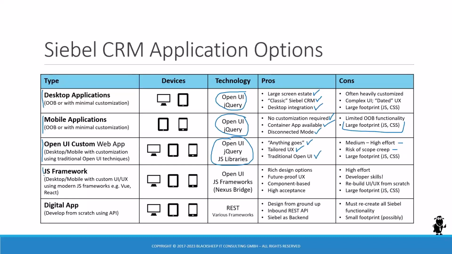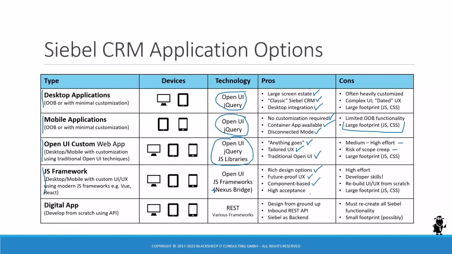And now the final stage you can reach is the JavaScript framework-driven complete redesign with OpenUI in the background and modern JavaScript frameworks, and maybe something called Nexus Bridge. Coming up in a moment what that is. So you have very good options for design, future-proof, hopefully UX.